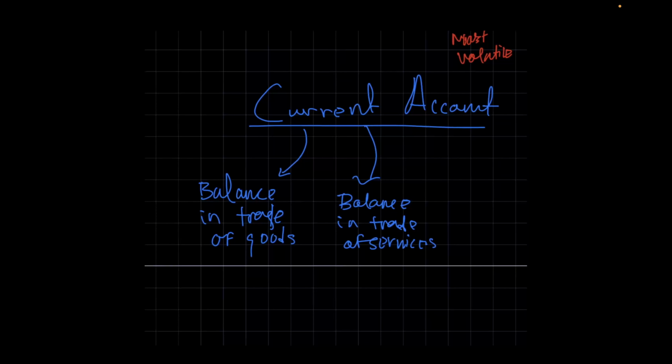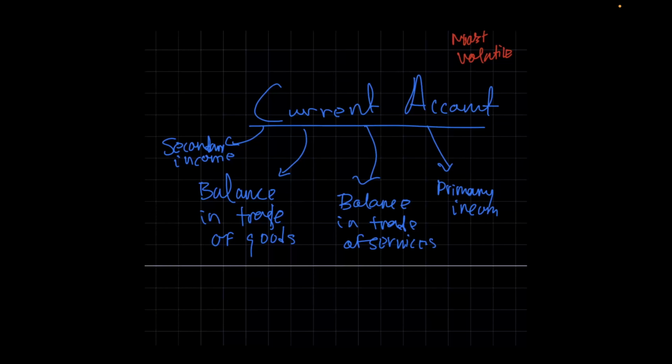Then you have primary income, and lastly you have your secondary income. So these are the 4 main segments of the current account that we're going to be looking at. So let's first understand what each of these even mean.